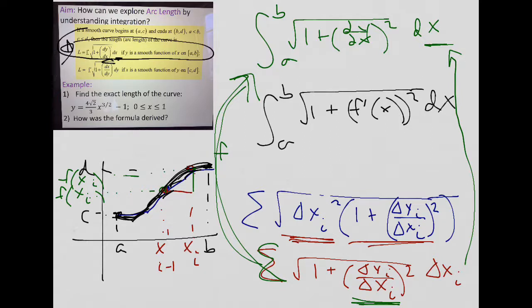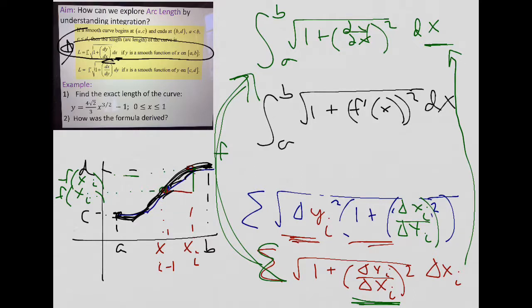Now, once again, we can do this whole procedure again, and instead of factoring out a delta x sub i, we can factor out a delta y sub i squared instead. And what's going to happen when I factor that out is I'm going to get 1 plus the change of x sub i over the change of y sub i over here.